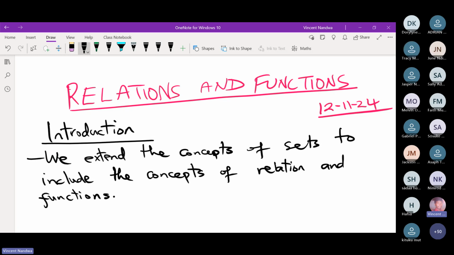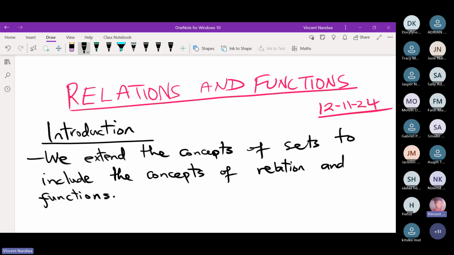And once we have defined a relation, we'll use it to define functions and see different kinds of functions and relations that are applicable in many fields, including solving problems to determine cities linking different airlines. So that's an advanced application of relations.